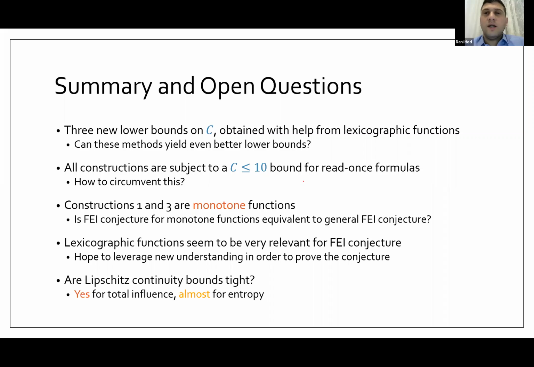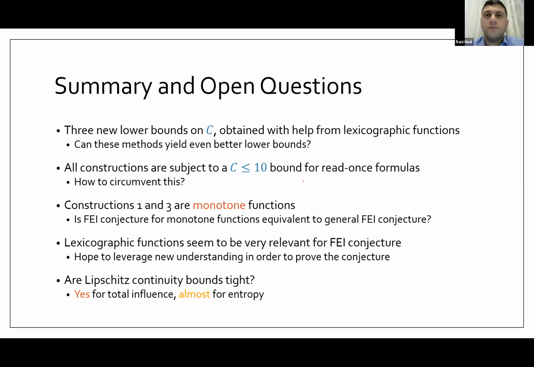As you can see, in absolute terms, this is not much of an improvement. O'Donnell and Tan got 6.27. I'm showing you 6.45. That's a very tiny improvement, but still there are some new ideas here.